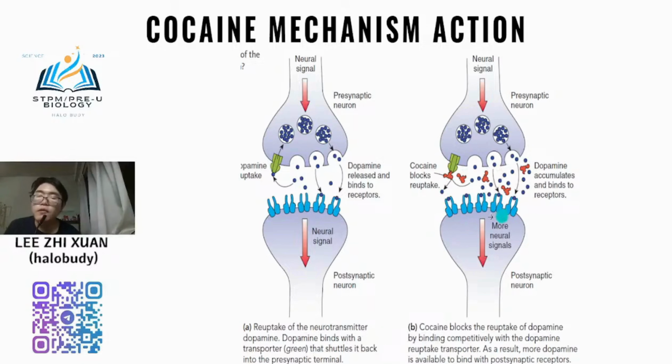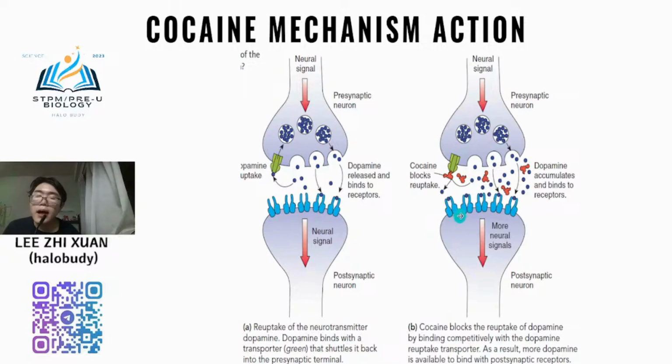It will reduce the amount of receptors to prevent the action potential from being triggered again and again. So once the binding receptors of the postsynaptic neuron are decreased, it will cause addiction.